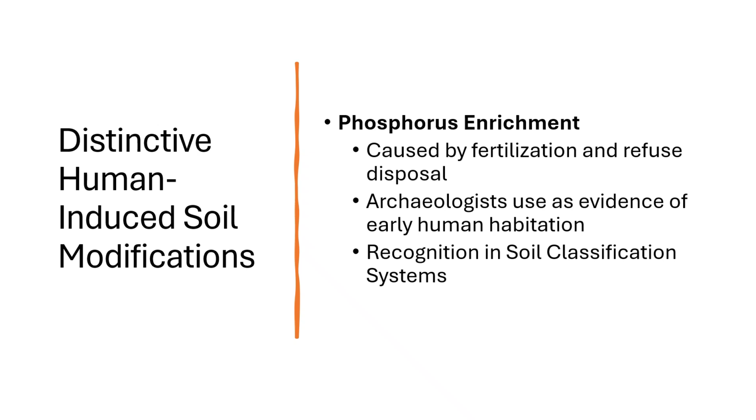Our modern system of soil classification, which we'll cover more in Chapter 3, even recognizes such enrichment. Certain soil types are specifically classified based on evidence of human modification, including these distinct accumulations. It underscores just how profoundly and uniquely we impact the very ground beneath our feet.